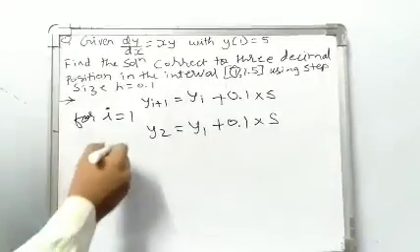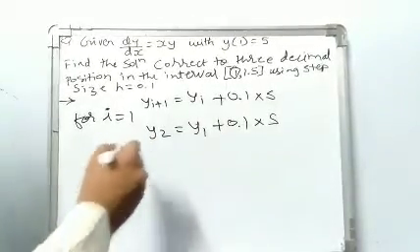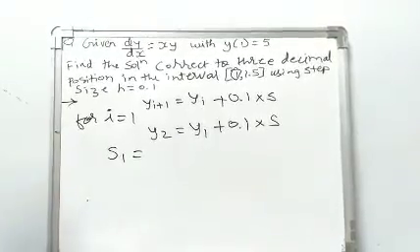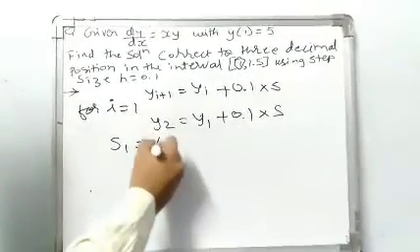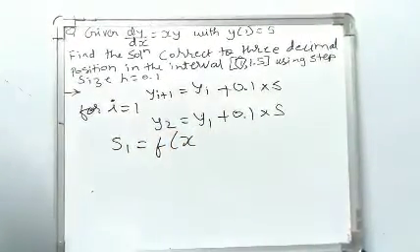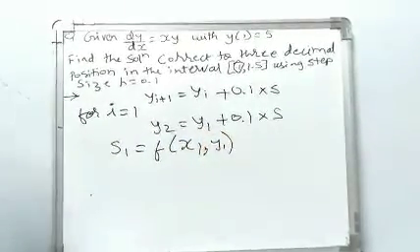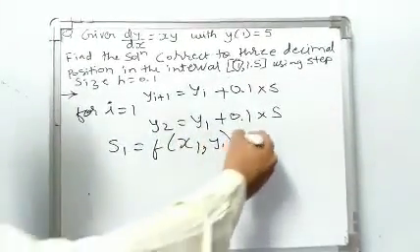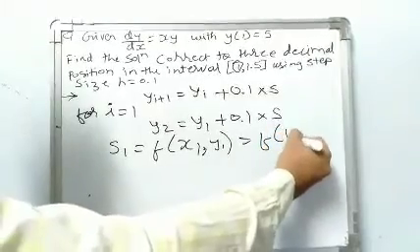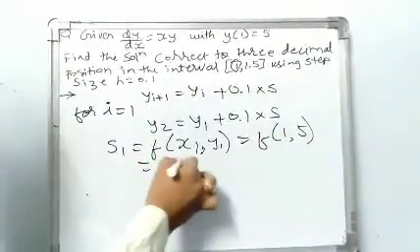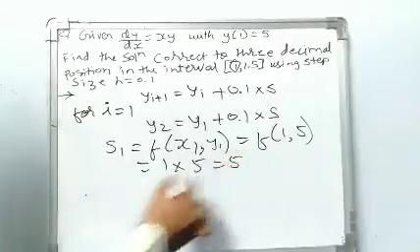First we need to calculate s1, because s1 is needed under s. So s1 is equal to f of x1 comma y1, which is f of 1 comma 5, that is 1 into 5, equal to 5.